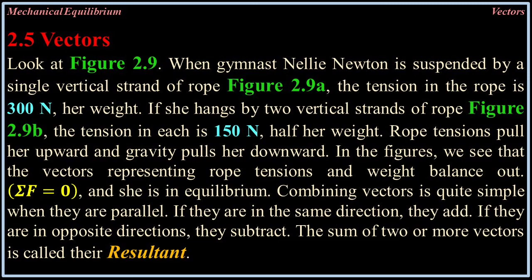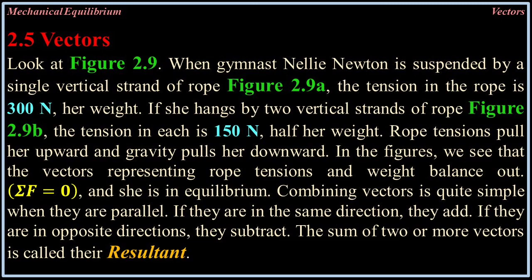Rope tensions pull her upward and gravity pulls her downward. In the figures, we see that the vectors representing rope tensions and weight balance out. Sigma F equals 0, and she is in equilibrium.